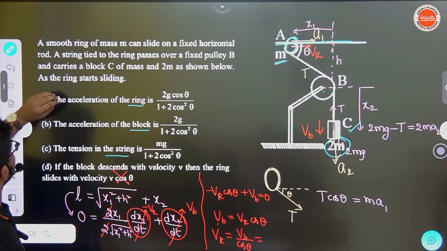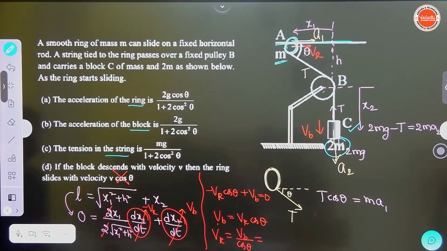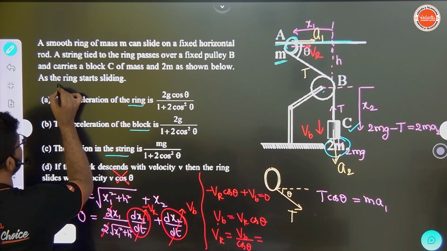Initially, what is the velocity of the ring here? A smooth ring of mass m can slide on a fixed horizontal rod. String is tied to the ring and passing over a fixed pulley and carries block E of mass 2m as shown in the figure. Read this point.